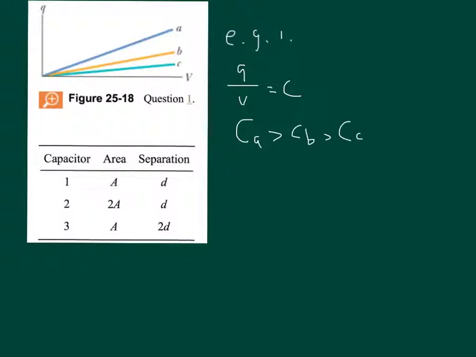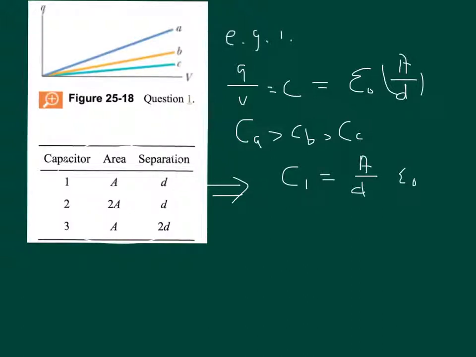And we also know that capacitance equals epsilon naught times area over distance. So we can rewrite, using the table, C1 equals A over D epsilon naught. C2 equals 2A over D epsilon naught.